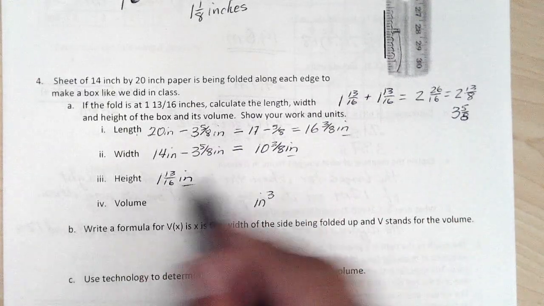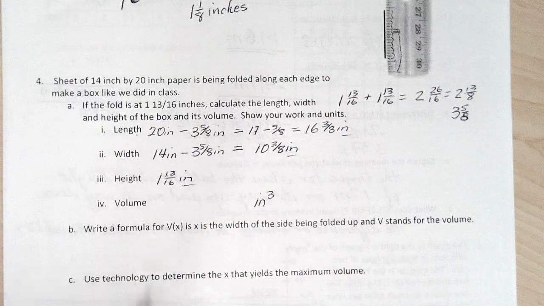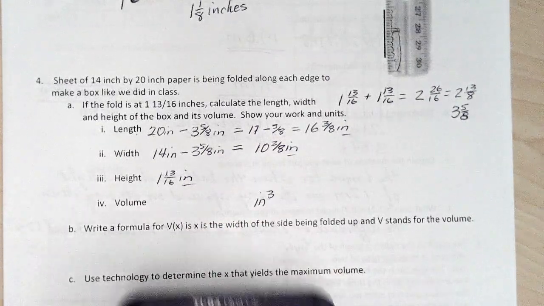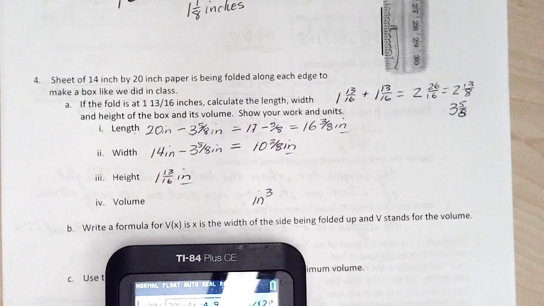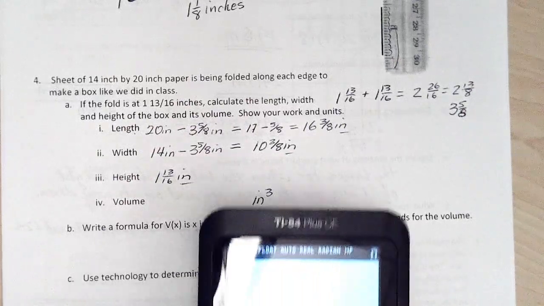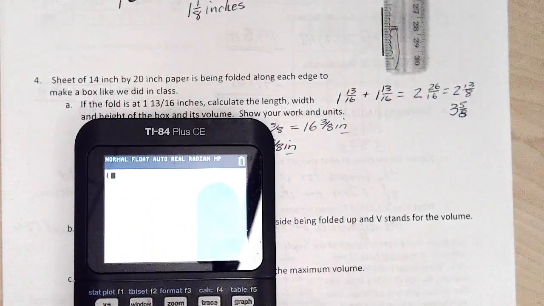I'm multiplying 3 units. So I'm going to take these 3 numbers and multiply them. Now, you can do it on a calculator. You can do it on your phone. You can do it on a lot of different things, but I'll clear this. So you know how to type it in.